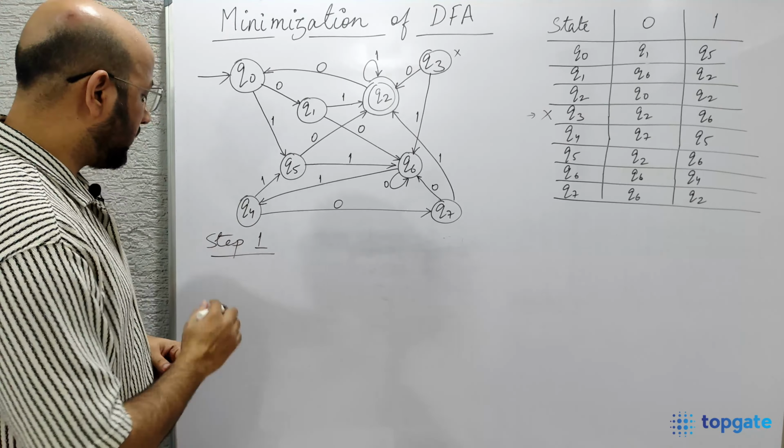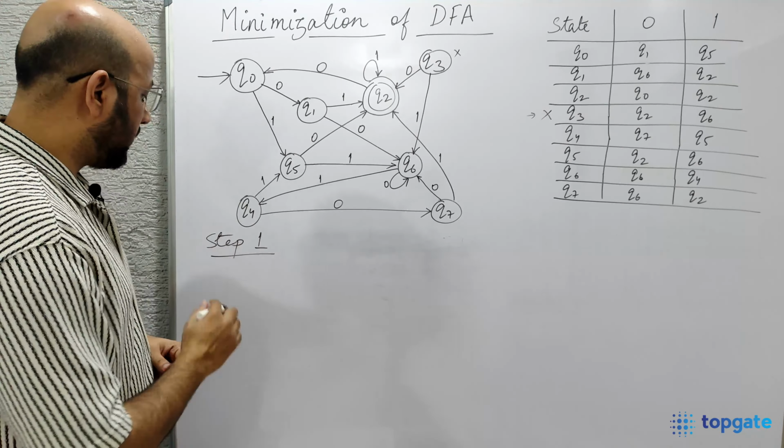So first of all, I'll try to calculate the 0 equivalence, called pi 0, and in pi 0 I will keep 2 sets. Clear? First is the final and second is the non-final. If I talk about the final state, just mark it here. Q0 is the initial state and Q2 is the final state.